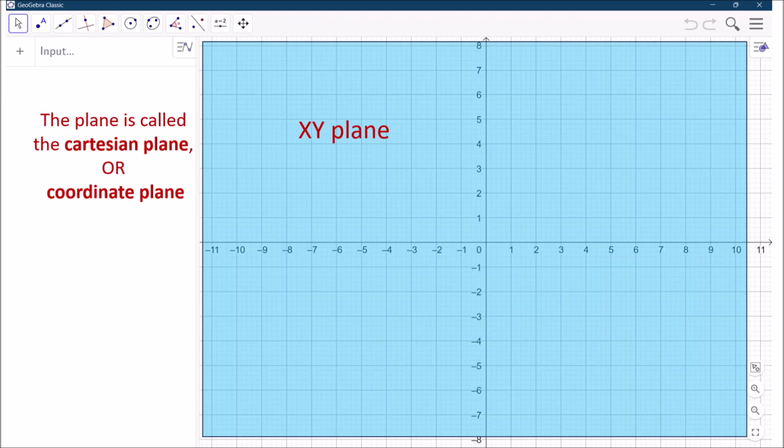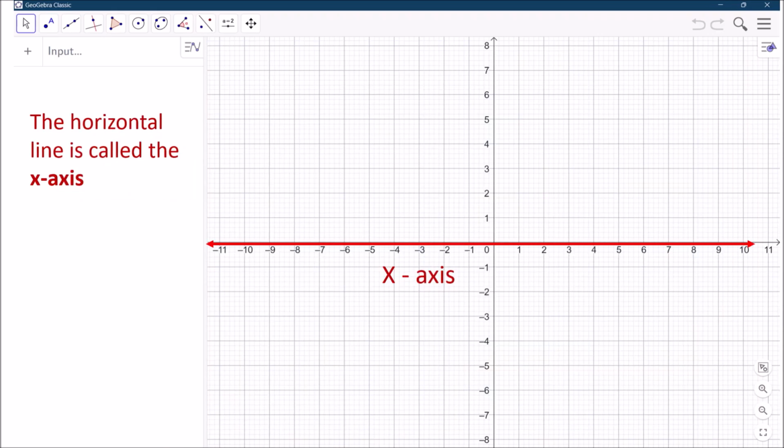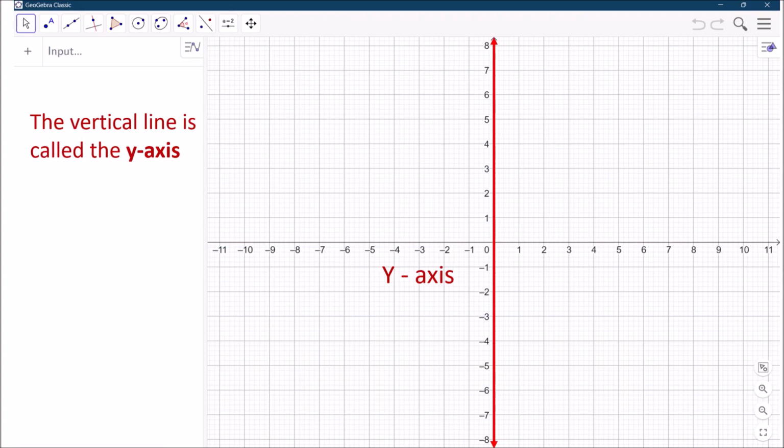The whole graph space is known as XY plane. The horizontal line is called x-axis, where numbers will be noted 1, 2, 3, 4, 5, -1, -2, -3, and the vertical one is y-axis.